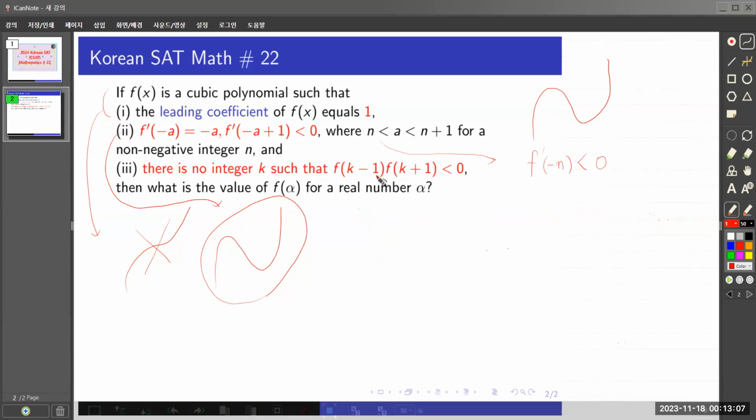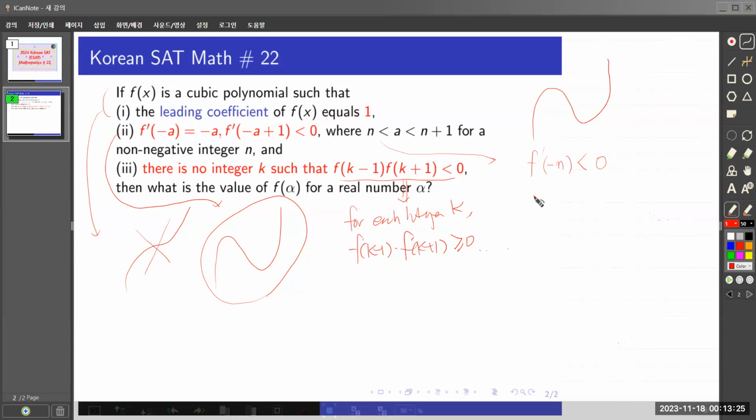So from the third condition, we can say that for each integer k, f(k-1) times f(k+1) is greater than or equal to 0.